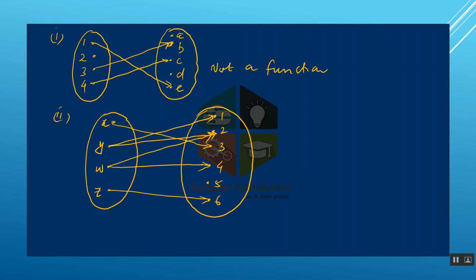Is it a function? No, because for the input y we are getting two different answers, and for the input w also we are getting two different answers, but we can't get two different answers for any input if it is a function, so it is also not a function.